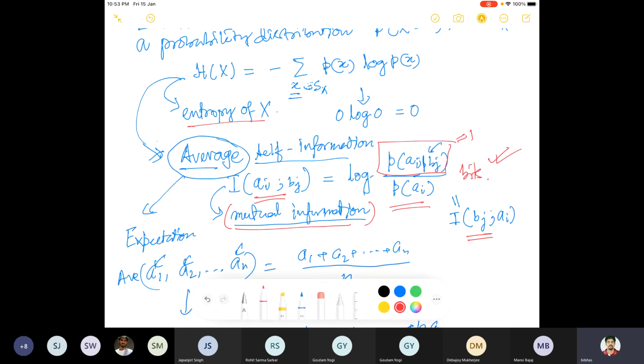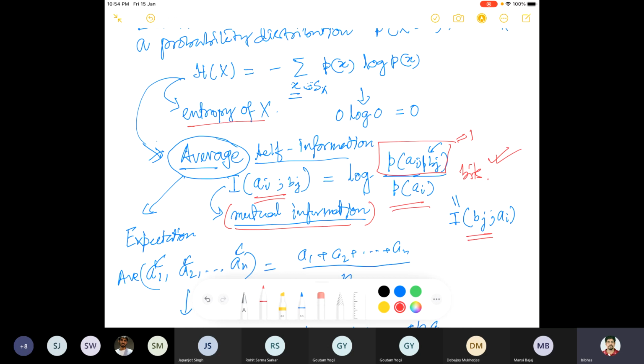Now, we assume that this is the definition, and we also discussed why it could be a correct definition, because if Ai and Bj are independent, then what happens? If Ai and Bj are independent, these two possible outcomes, that means you have no information. So Bj does not provide any information about Ai, or Ai does not provide any information about Bj. So this value should be equal to 0.